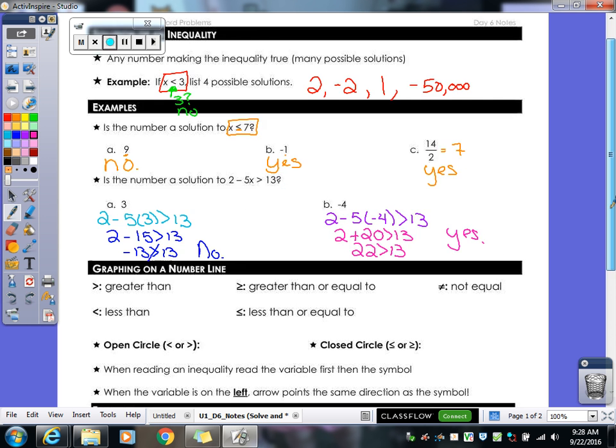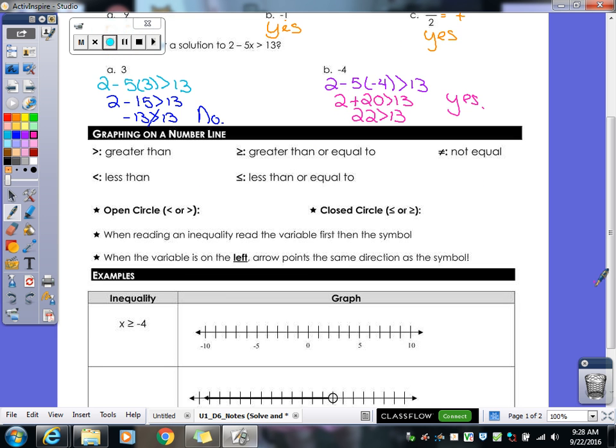Now a lot of times what they do with our inequalities is they like to graph them on number lines to give you a picture representation of what your solution set is. Because as I said, there's a lot of numbers that could fulfill the inequalities. They want a picture showing us what those numbers would look like. So if you have a greater than or a less than sign, those are going to give you an open circle.